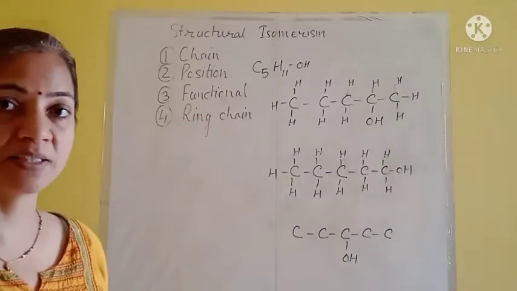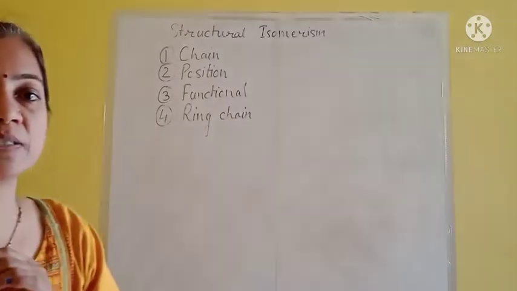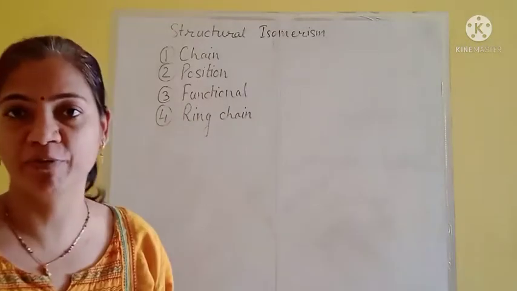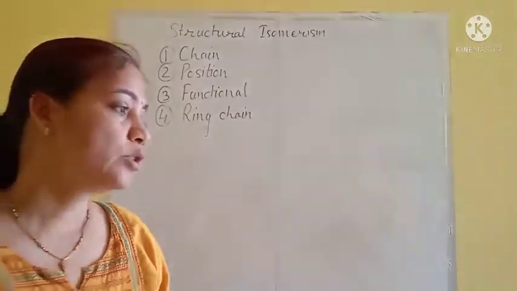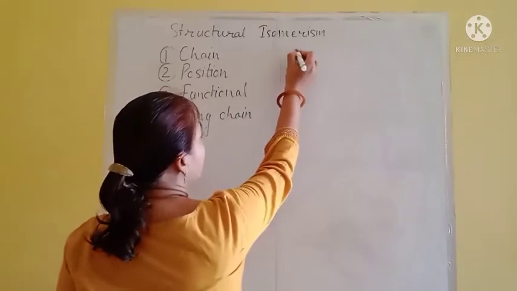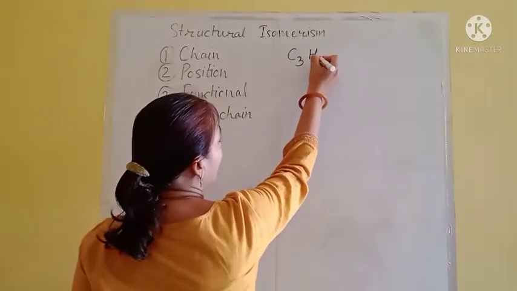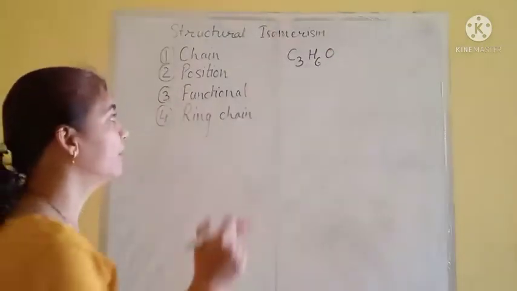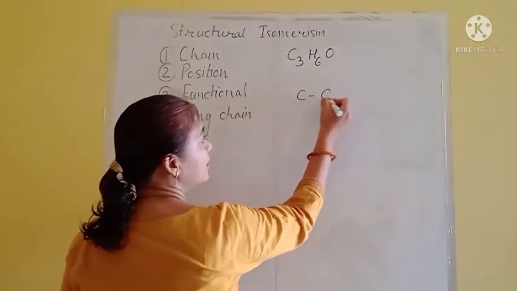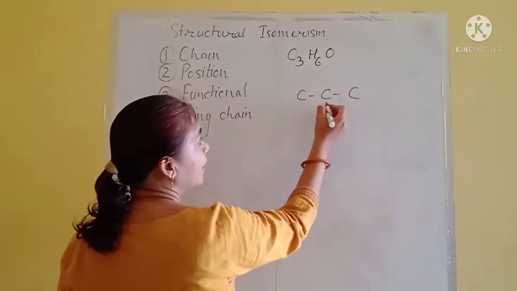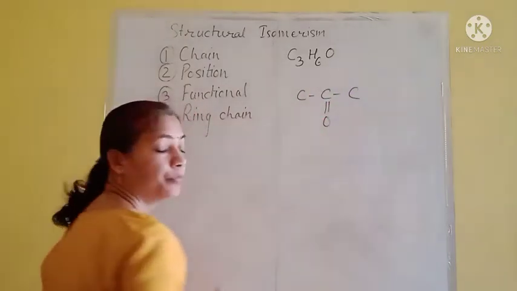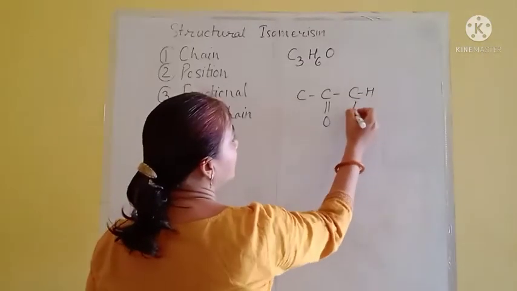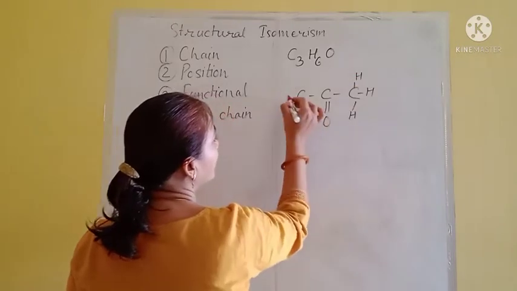Now coming to functional isomers. What are functional isomers? Talking about functional isomers, we need to take an example where the molecular formula is the same, but the functional group differs. We can take the example of C3H6O. When I take this example, you can form a structure with 3 carbons and put a double bond to O, a ketone group, over here, 1, 2 and 3.